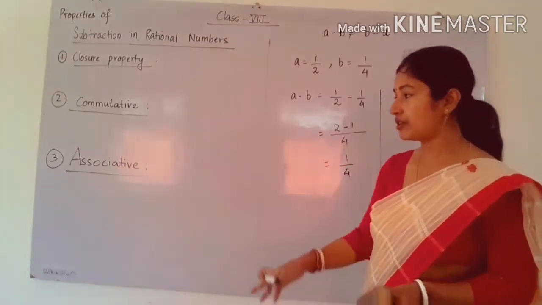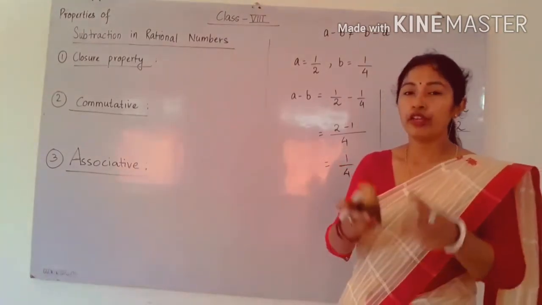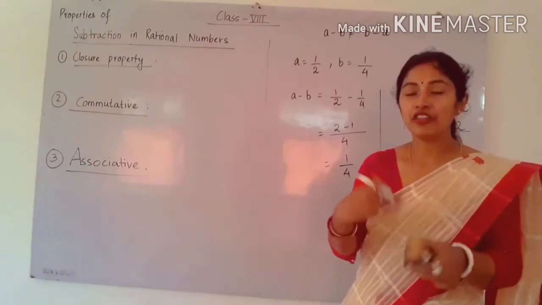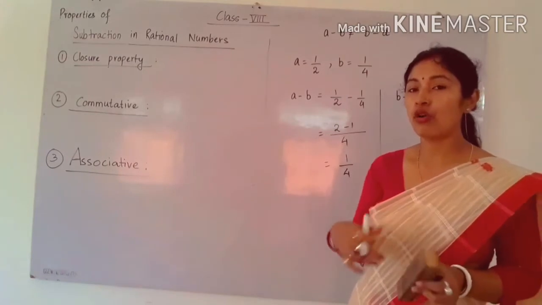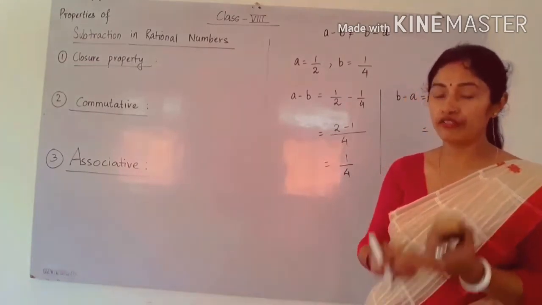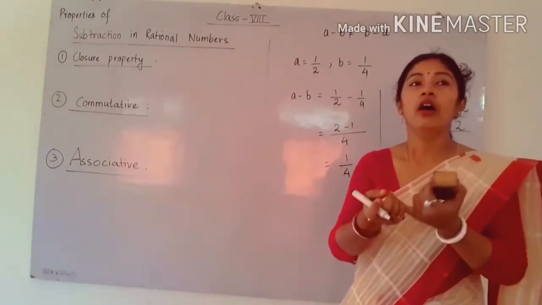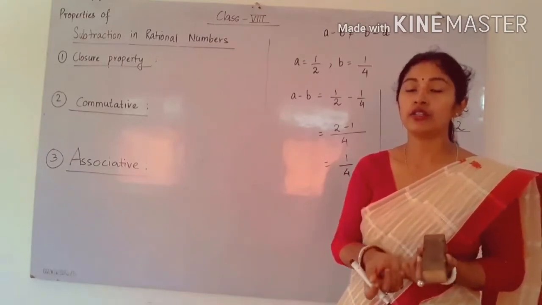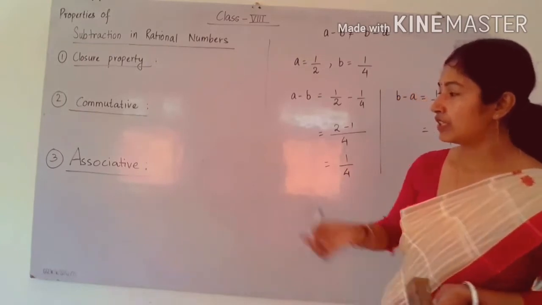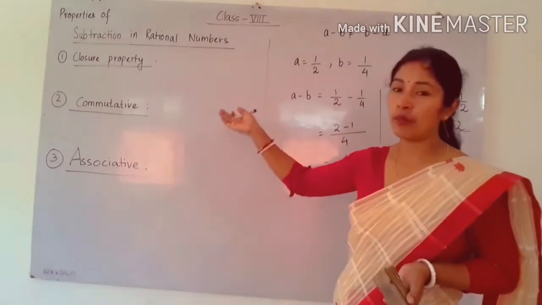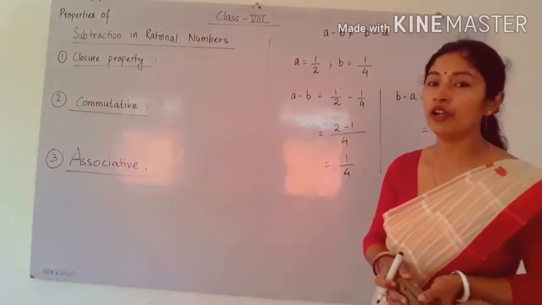By taking 3 rational numbers, we have to check if we shuffle the numbers and subtract, whether the answer will be the same or not. So already you know, in case of subtraction of any numbers, you can take natural numbers or integers or rational numbers, in all the cases both the properties, commutative property and associative property, will not be satisfied.